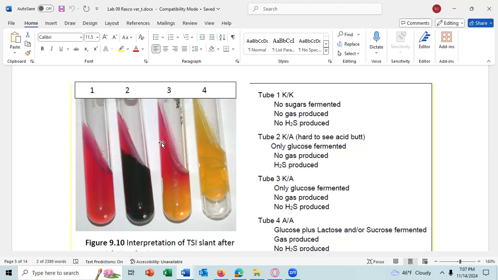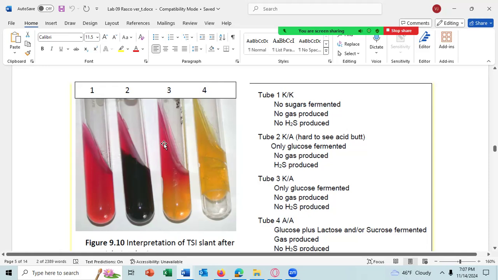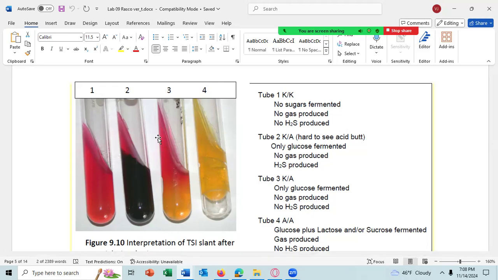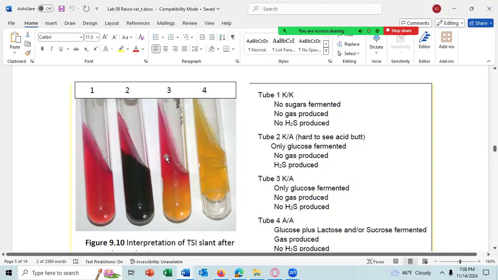Protein, when it gets digested, will make ammonia, which is basic. So initially, this was yellow from the acid, from the glucose being fermented. But once the glucose gets all used up, the bacteria start utilizing protein, making a base, ammonia, and that will change the color from yellow on the slant to reddish or pinkish.